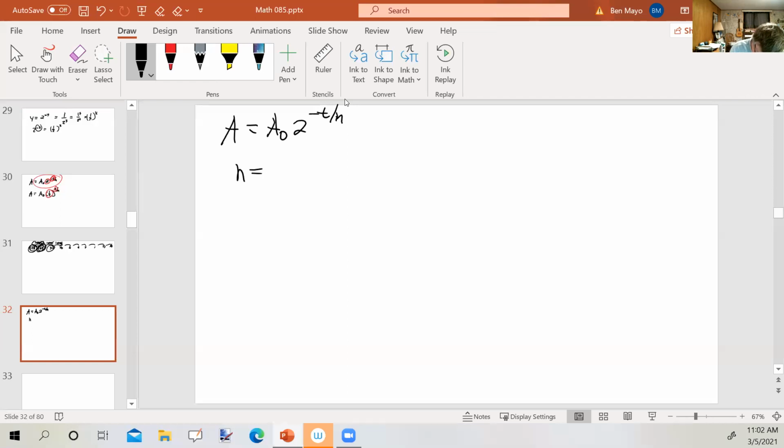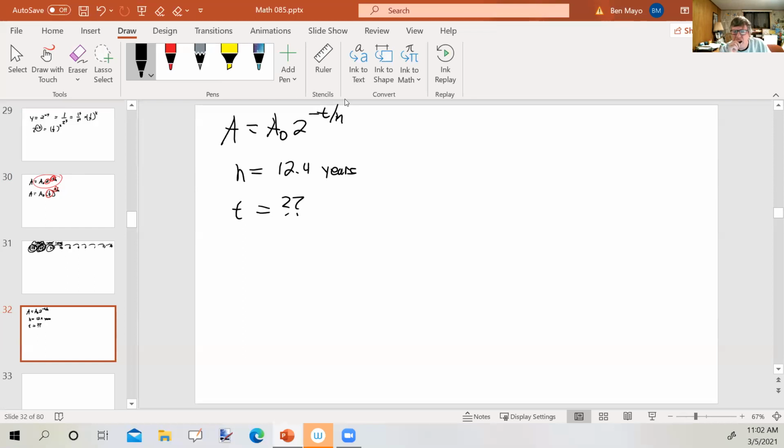So the half-life is 12.4 years. How long will it take? So the time is the unknown. For 25% of a sample of tritium to decompose.